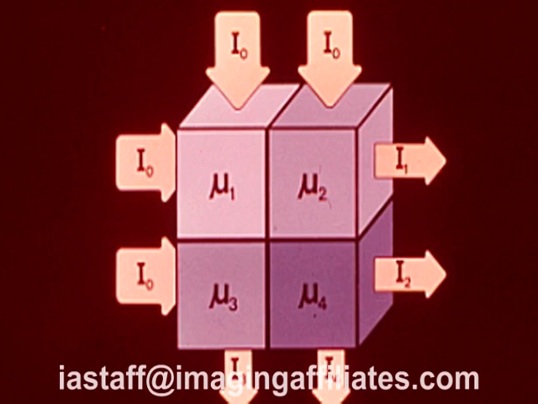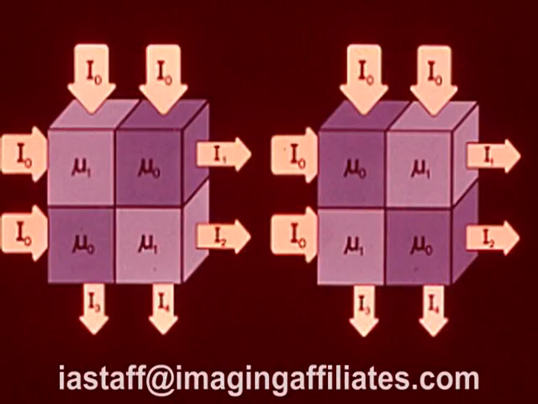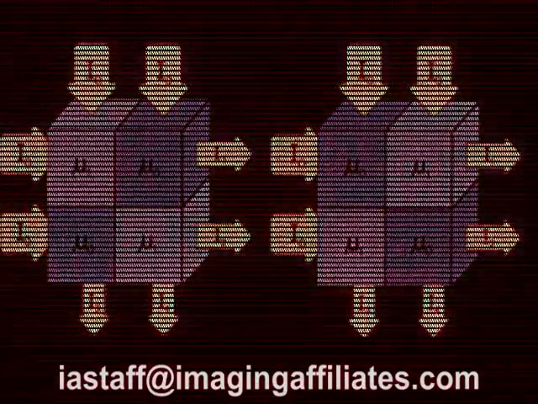It's interesting to note, however, that even in this relatively simple situation, 4 transmission measurements are not sufficient to permit a unique calculation or a reconstruction of the object. For example, these 2 combinations of the same tissues will each produce identical values for the 4 X-ray transmission measurements. Additional measurements are needed if the right combination is to be specified.